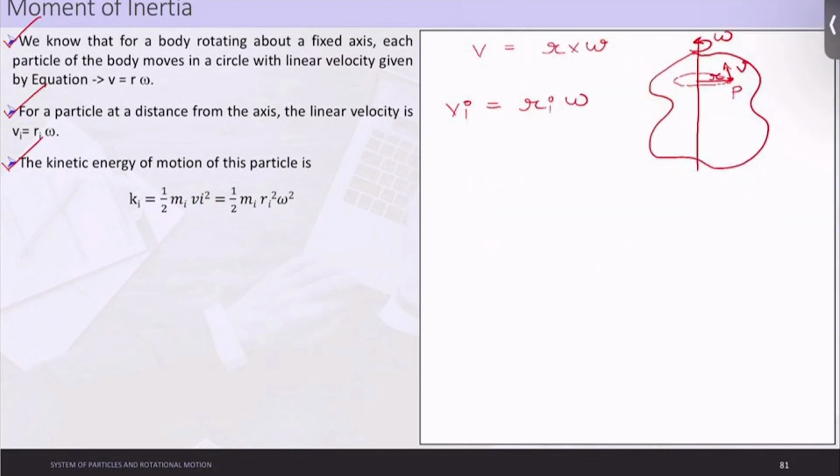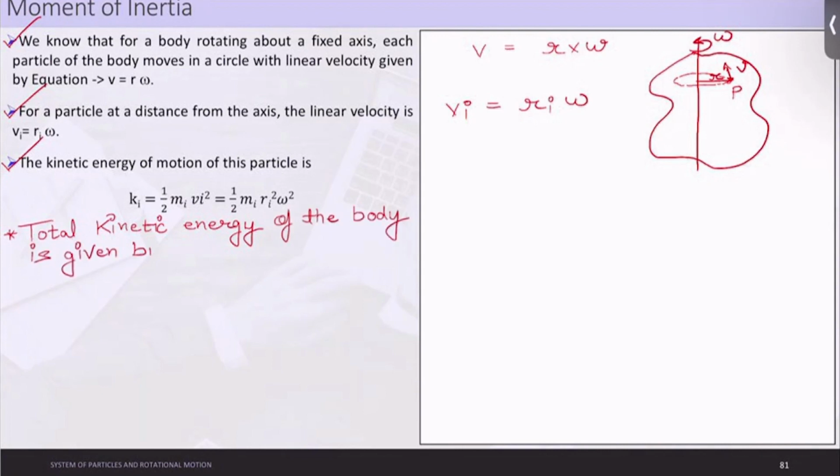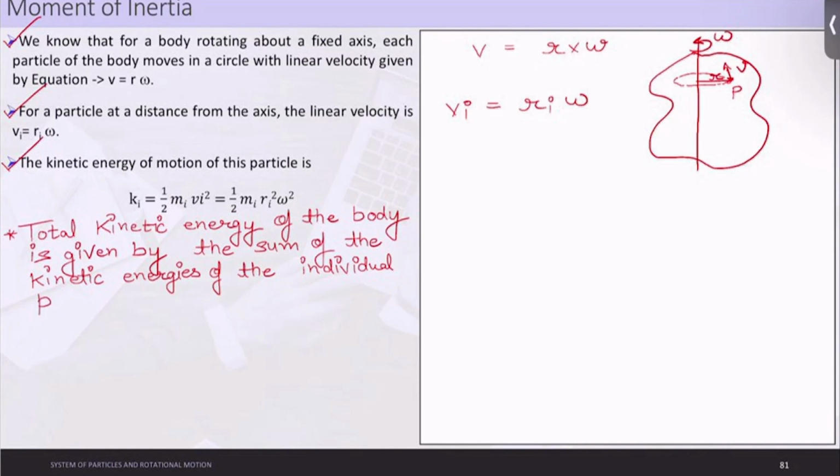Now let us calculate the total kinetic energy. The total kinetic energy of the body is given by the sum of the kinetic energies of the individual particles.